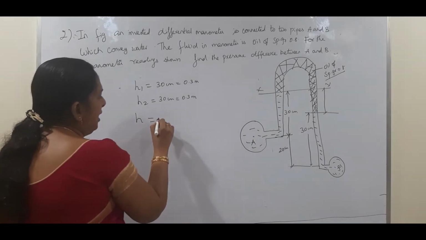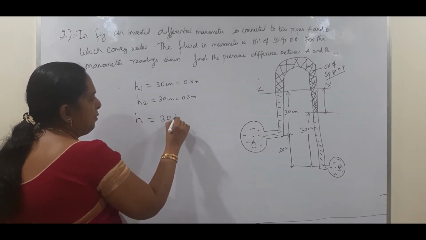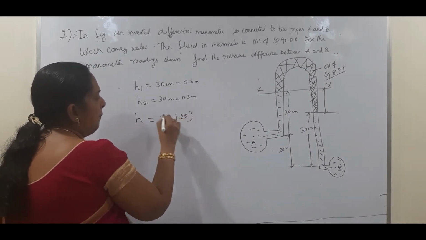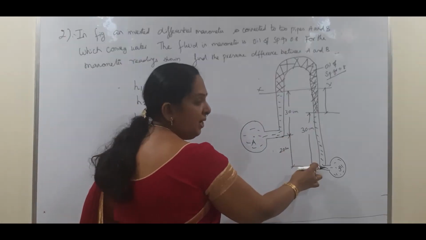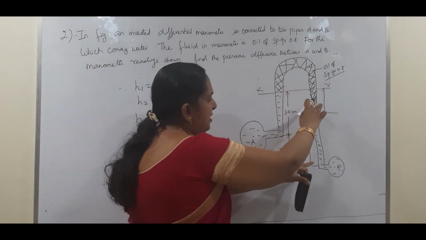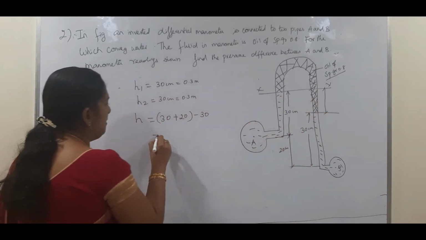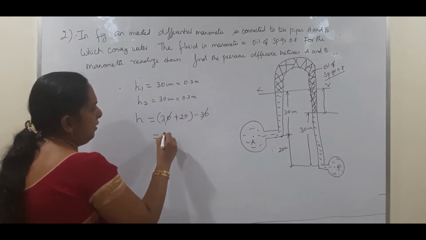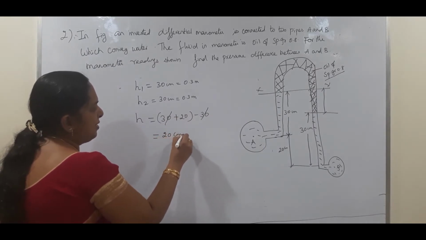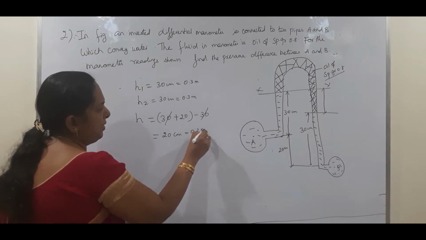Total height is 30 plus 20, minus 30, where 30 is this height. Clear? From the total height we are subtracting this height. So H is equal to, this will get cancelled, 20 centimeters, or 0.2 meters.